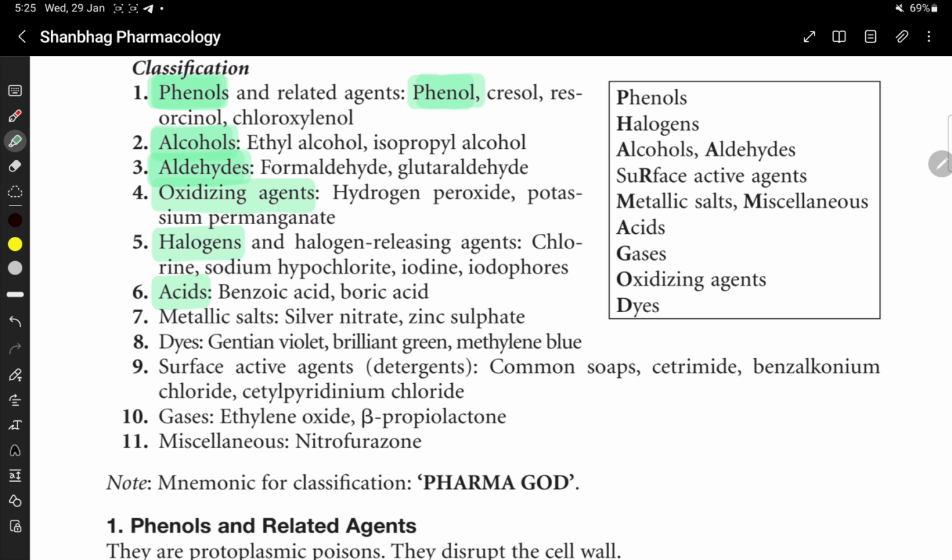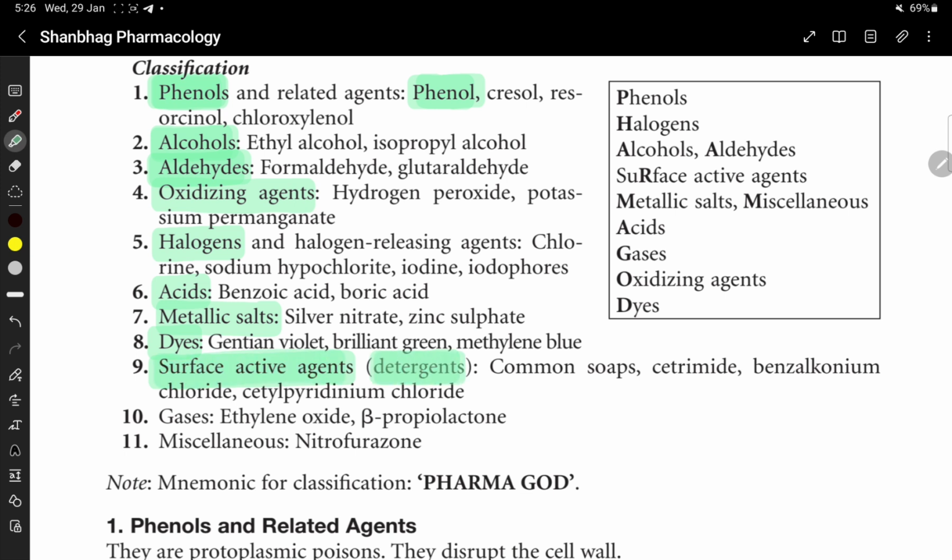Acids like benzoic acid and boric acid. Metallic salts like silver nitrate and zinc sulfate. Dyes like gentian violet, brilliant green, methylene blue.